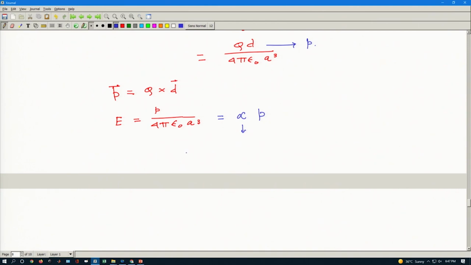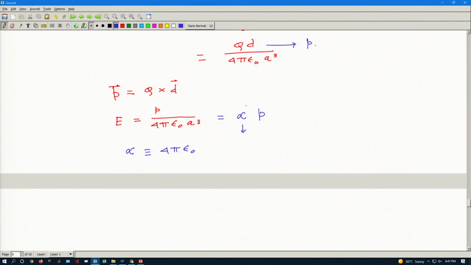So, from that I can write alpha is equivalent to 4 pi epsilon naught, sorry.